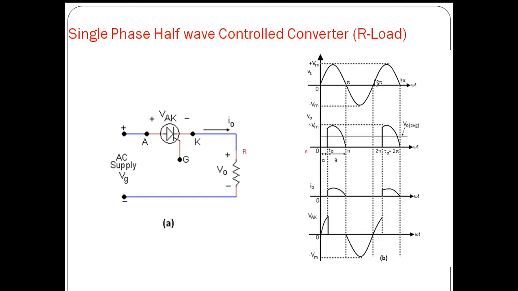During the negative half cycle, here we have minus and here we have plus. Minus will be connected to the anode terminal. During the negative half cycle of supply, the negative terminal will be connected to the anode of the SCR. So the SCR will be reverse biased. During the negative half cycle, SCR is reverse biased.